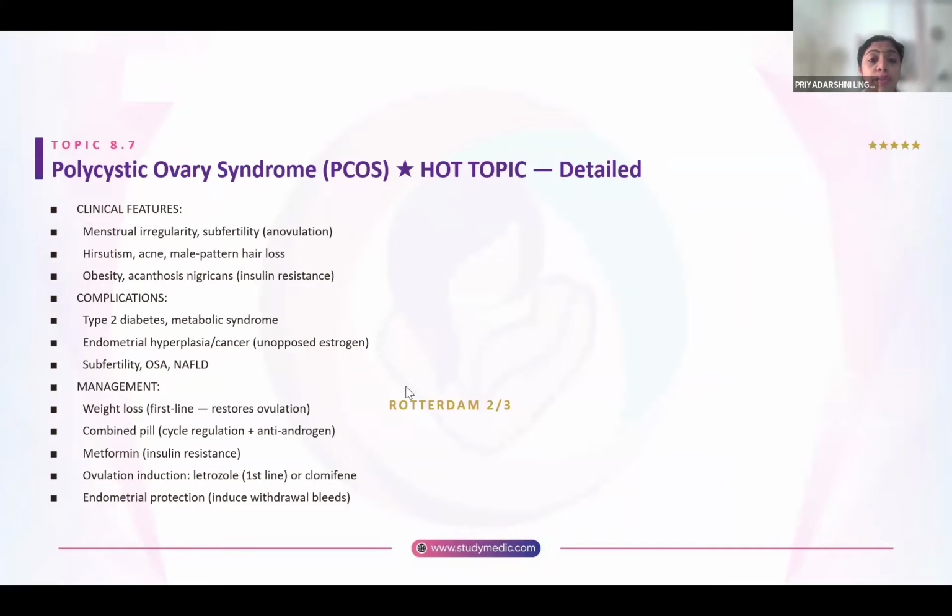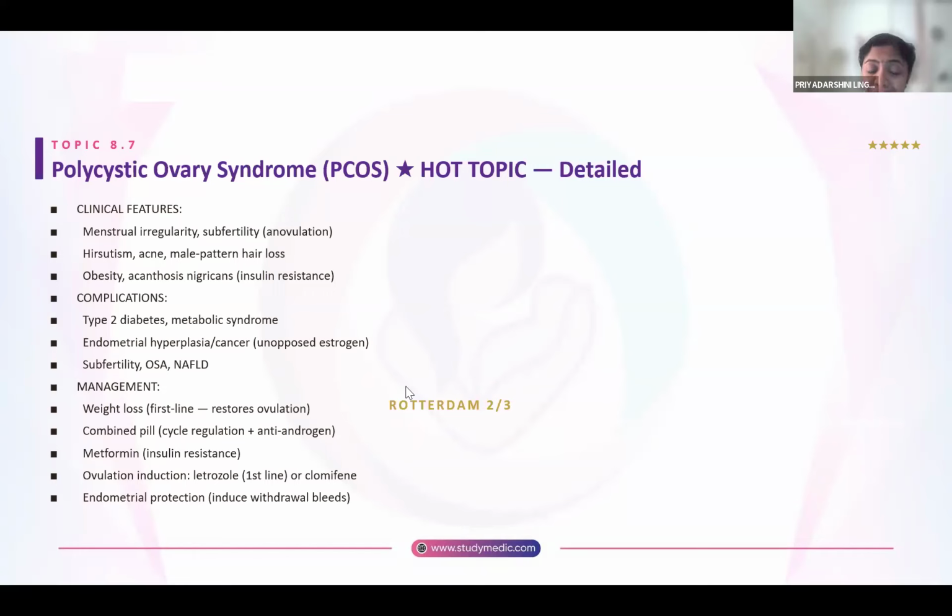So we looked into the clinical features of PCOS. We looked into the most common complications. Endometrial hyperplasia and malignancy is one of the things that people generally forget in exam. So keep that in mind also. Management, first line is always weight loss. Okay. This is an SBA that has been repeated quite commonly in the past.